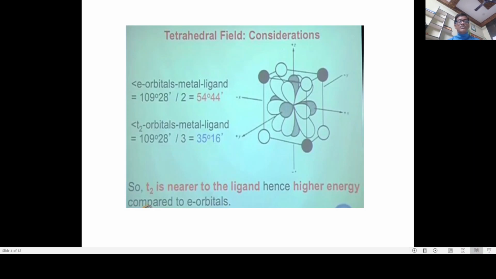So t2 is nearer to the ligand and has higher energy compared to e.